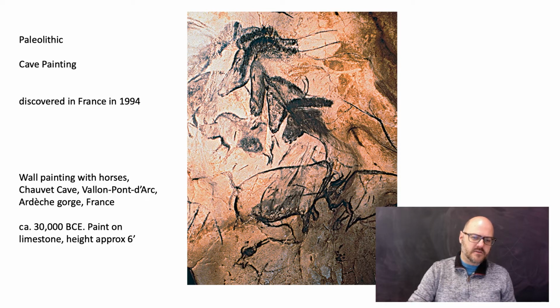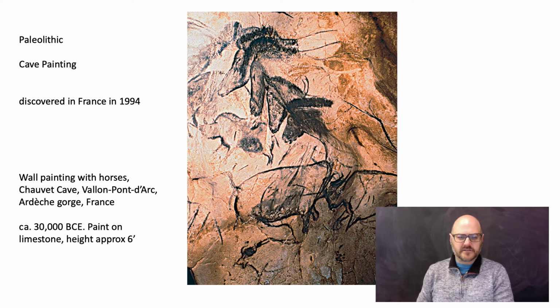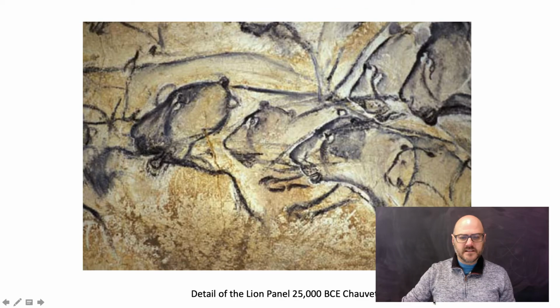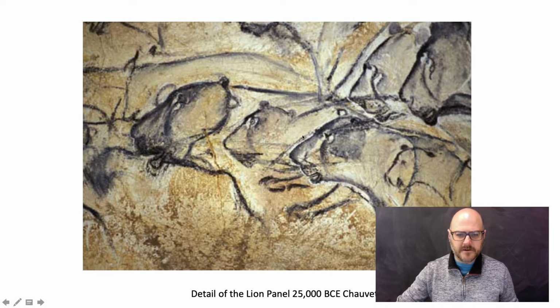So not only was it really an example of a Paleolithic amazing drawing, but it was one of the oldest known and also one of the most representational or naturalistic. So moving to this image here, this is a detail of one of the panels known as the lion panel, and you can see that there is some movement there.